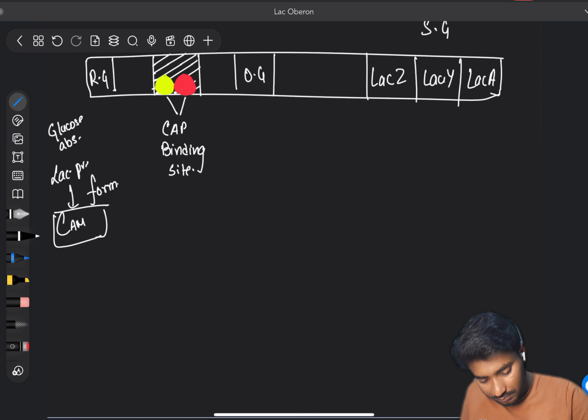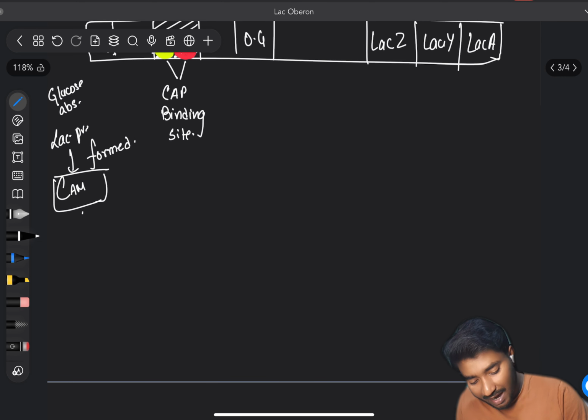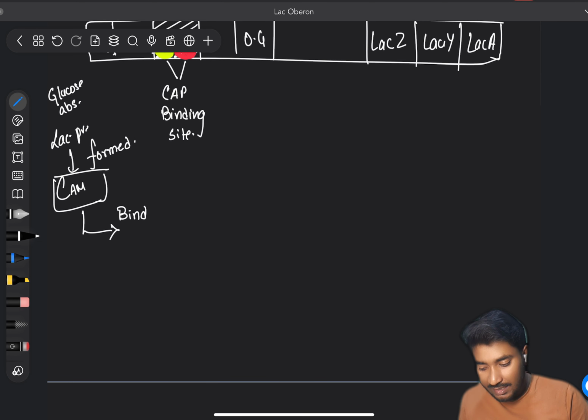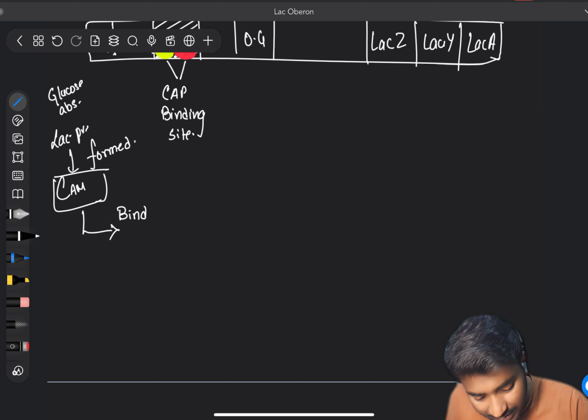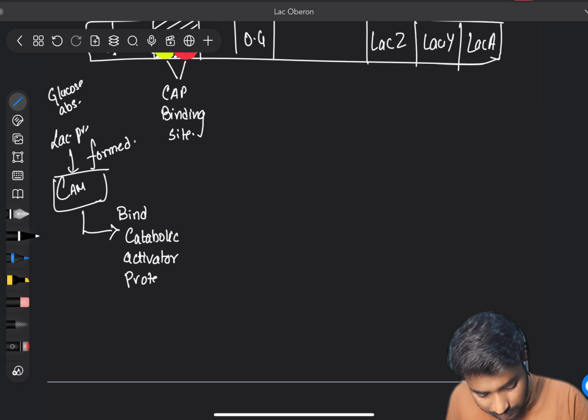Okay, cAMP is formed. Now the cAMP binds to the catabolite activator protein. We call it CAP.